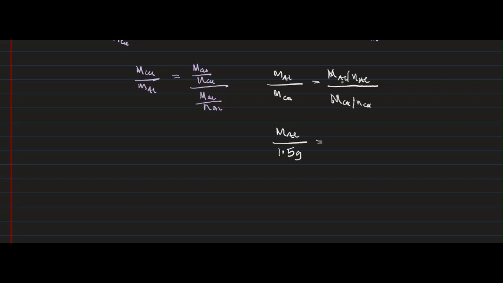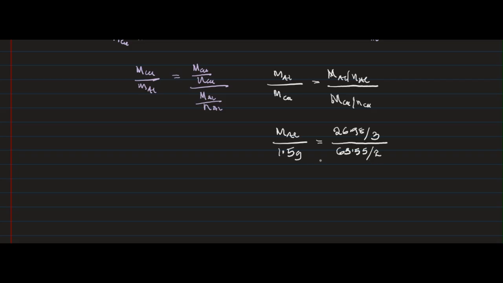And then the molar mass of aluminum, remember, was given, which is 26.98 grams, divided by the number of moles of electrons that deposited aluminum, which is 3. All over the molar mass of copper, 63.55, divided by the number of moles of electrons that deposited copper, which is 2. We did that last time.